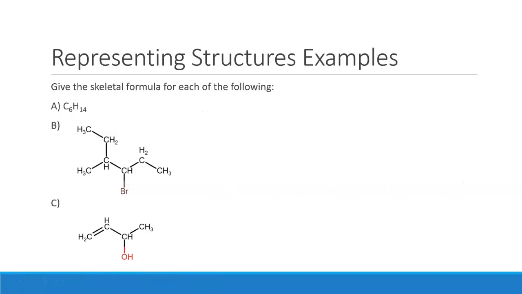Okay, for B, it may help to draw some dots at every carbon so that we can make sure that we have that many when we're done. So starting at the top and tracing each one of the bonds, I have a carbon, carbon here, here, and here.